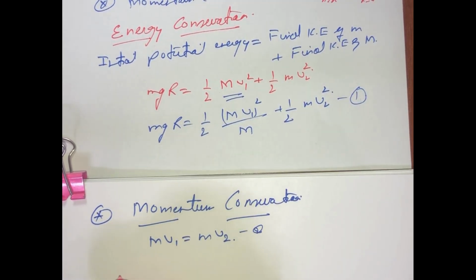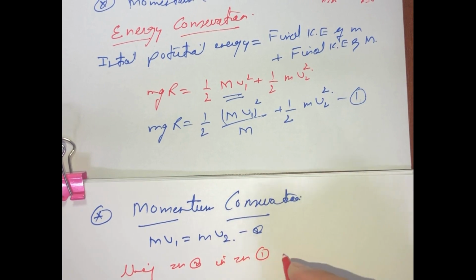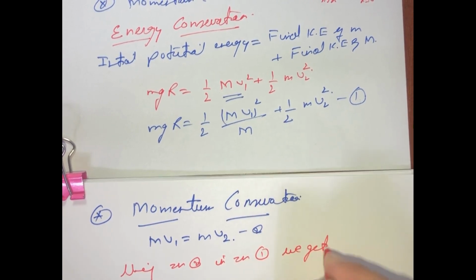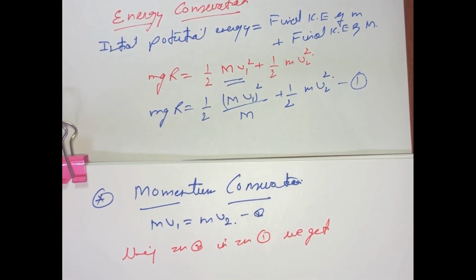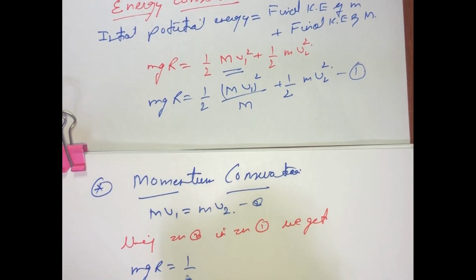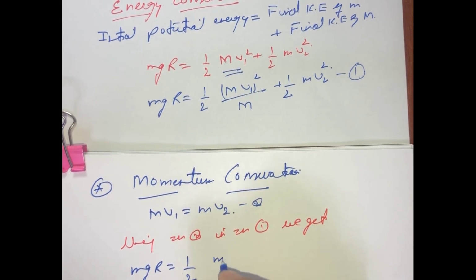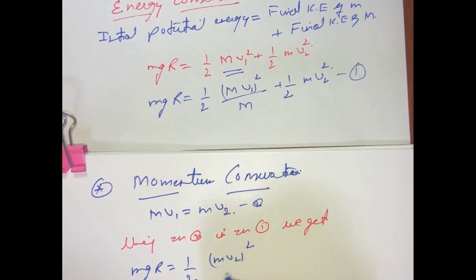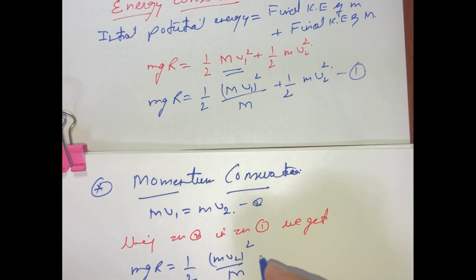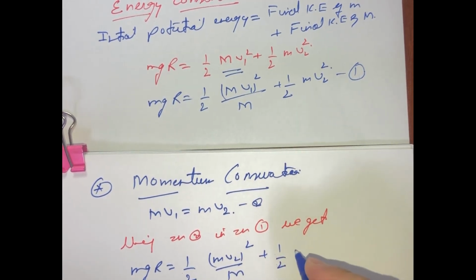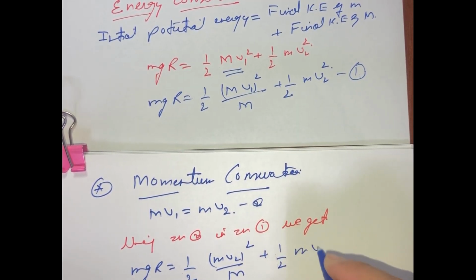So from using equation 2 in equation 1, we get mgr is equal to half, and this is (M v2) whole square divided by m plus half M v2 square.